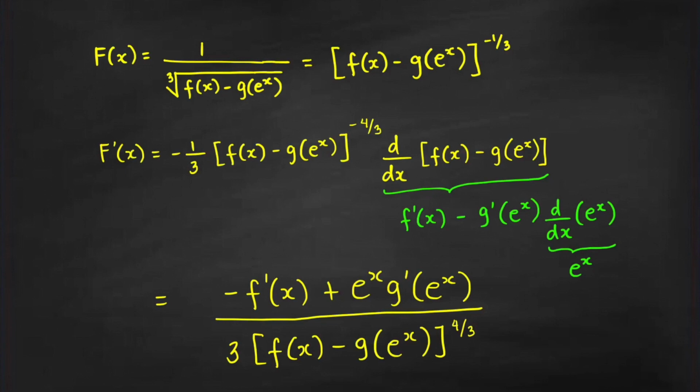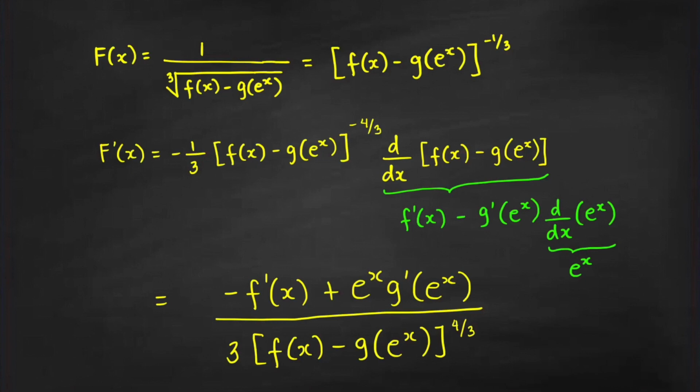So when we compute the derivative, we bring down the power, subtract 1 from the power, so negative one-third minus 1 is negative four-thirds, times the derivative of the base with respect to x. And the derivative of a difference is equal to the difference of derivatives. So this will be f prime of x minus, again, you apply the chain rule because g is a function of a function.